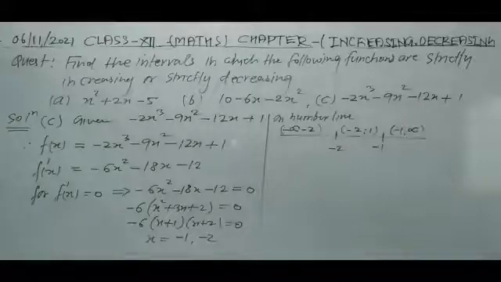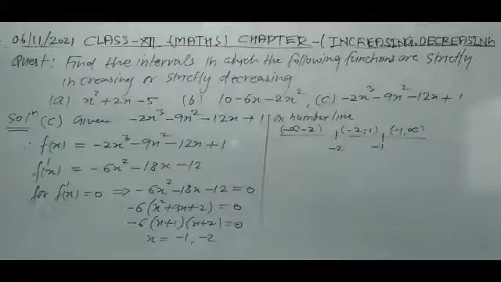So f dash x is here. In f dash x, the constant term is negative. So how will you decide in which interval the function is increasing or decreasing? First of all we have to check.